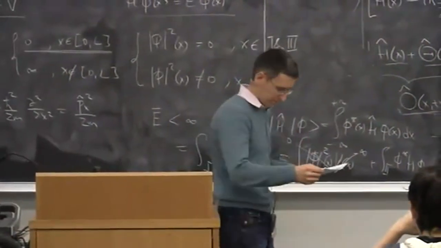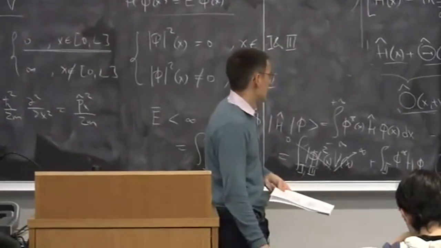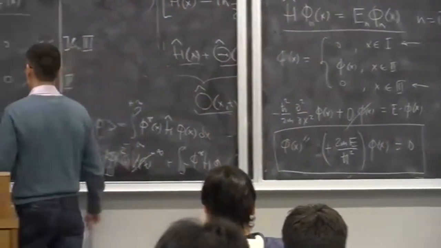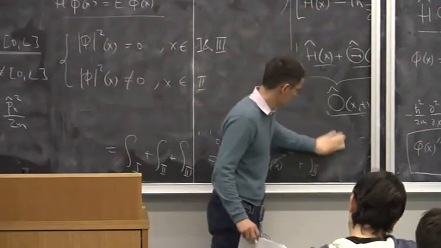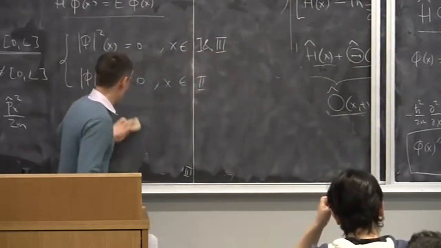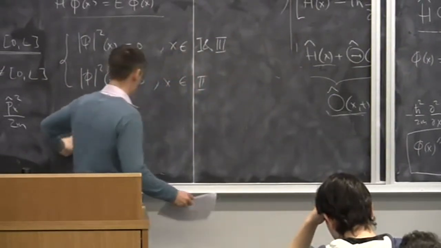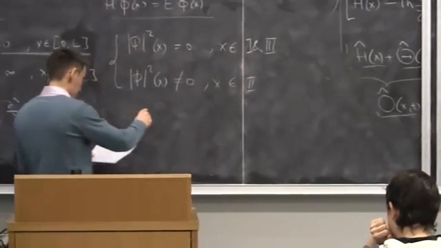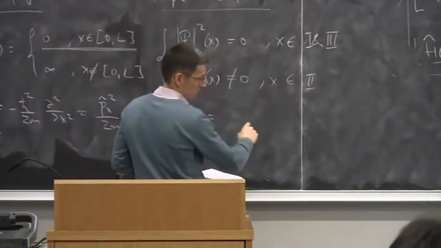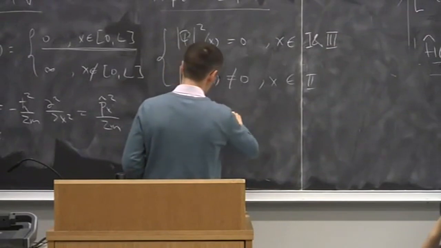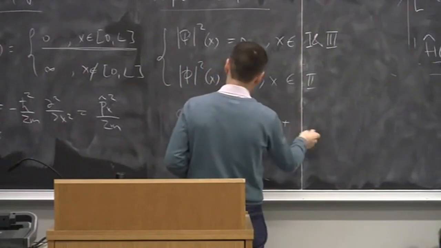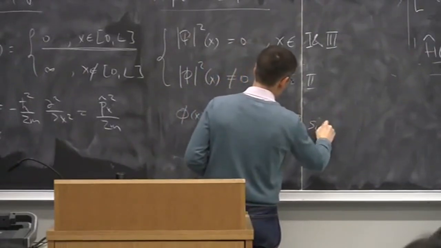Okay, so the typical way of solving this second order differential equation is writing the wave function as a linear combination of cosine and sine functions.